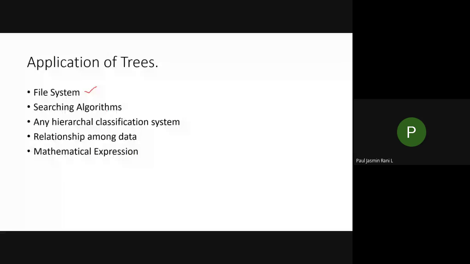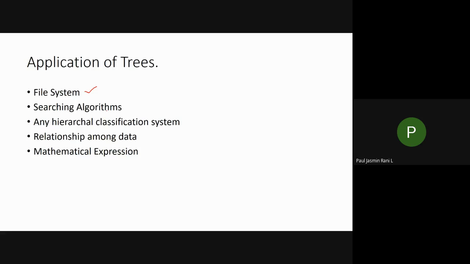For searching, tree data structures work better than linear data structures, because in a linear data structure you have to visit from the first node up to the node holding the data to be searched. It may take more time, but with a tree data structure, according to your algorithm, you can do efficient searching.